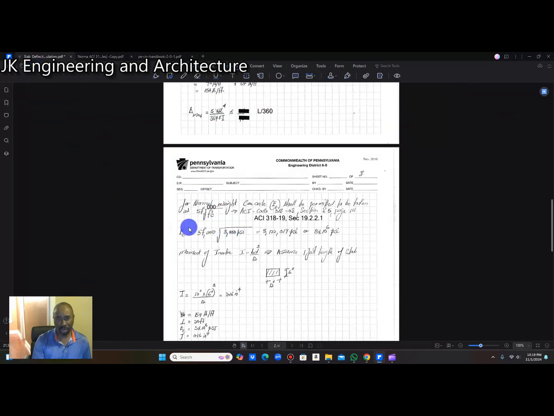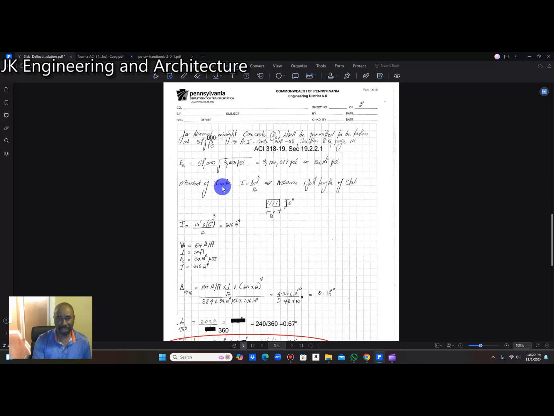When I work out the elastic modulus of concrete, that is 57,000 times the root of 3,000 psi. That works out to be 3,122,019 pounds per square inch, or 3 times 10 to the 6 pounds per square inch. So we can say that Ec for a 3,000 psi concrete is 3 times 10 to the 6 psi.